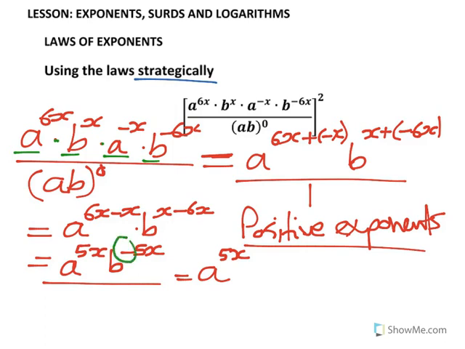To remove that, minus 5x is the same as saying over b to the power 5x. Now you write b without the negative. This is the way that this negative can be removed. So it's a to the power 5x over b to the power 5x. This is leaving your answer with positive exponents.